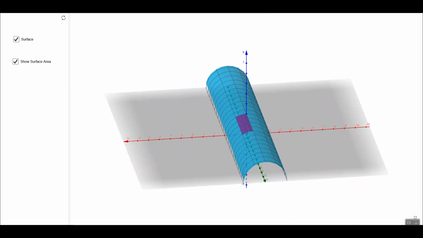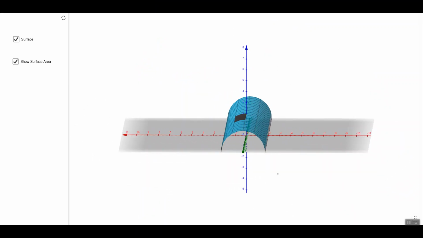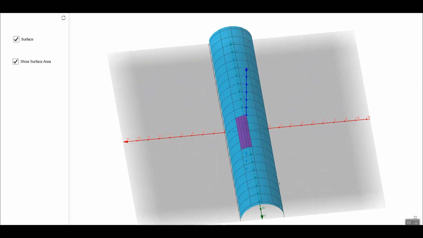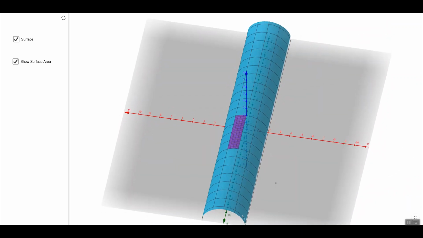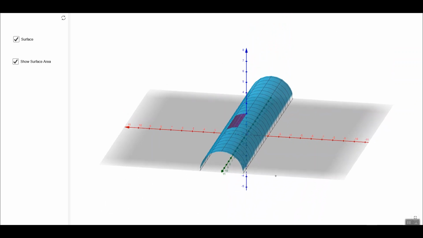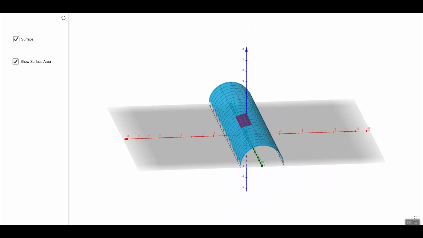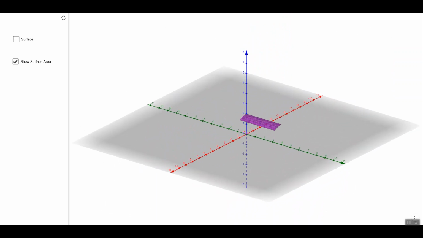There we are. So as I'm looking at this, I only want that one strip here. It looks like a rectangle from above, from the x and y coordinate system, but again, because it lies on this cylinder, it has more of an arc to it. So we want to find that specific surface area for this rectangular piece that's going to sit on that cylinder.